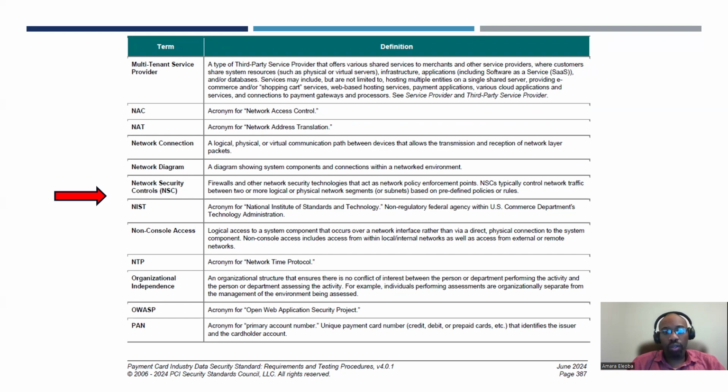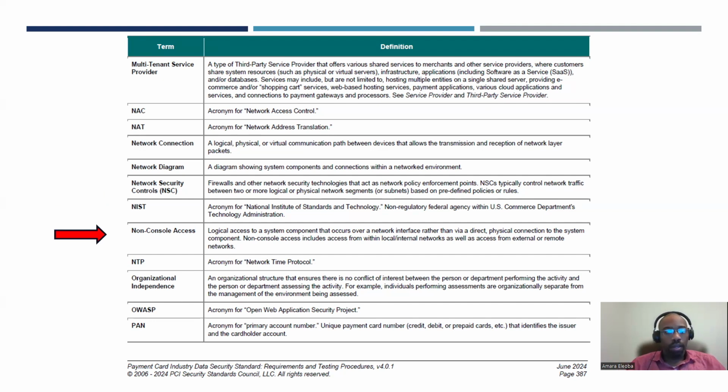Before, it was network devices, but it was changed in 4.0 to network security controls. So it is your firewall or any other network security technologies that is being used as a network policy enforcement point.